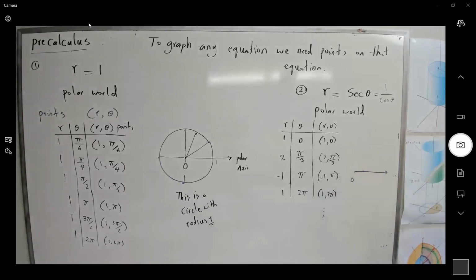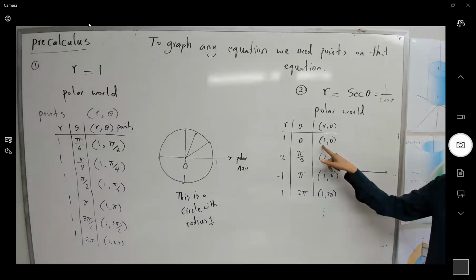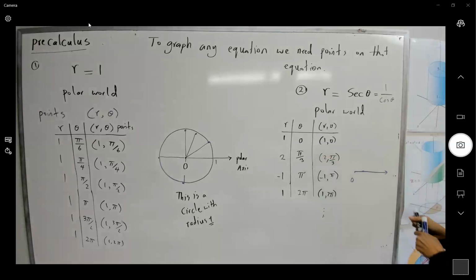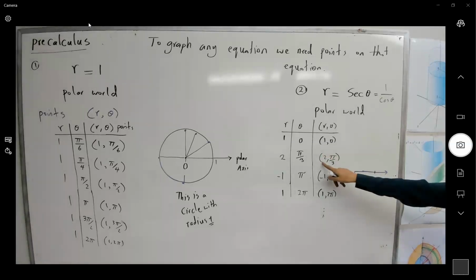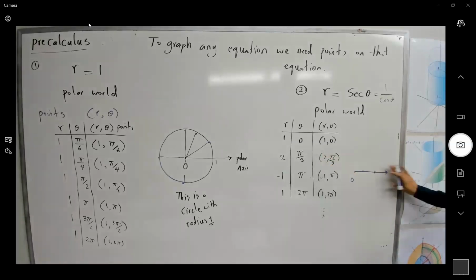The very first point says my distance is 1 and the angle is 0. So this is not very hard. The second one says when the angle is pi over 3, my directed distance is 2. So here you get pi over 3, and the distance is 2. This is the second point.